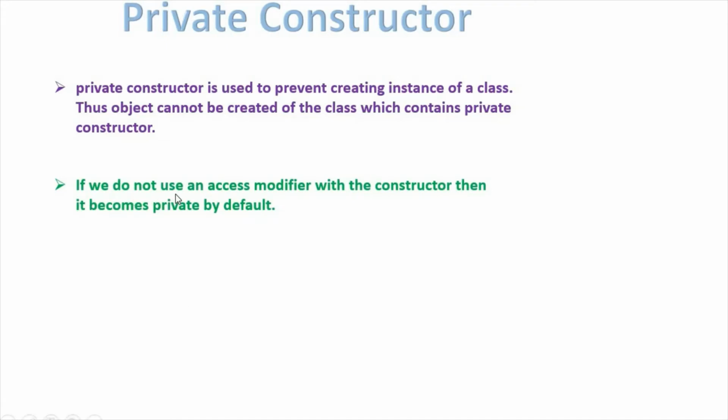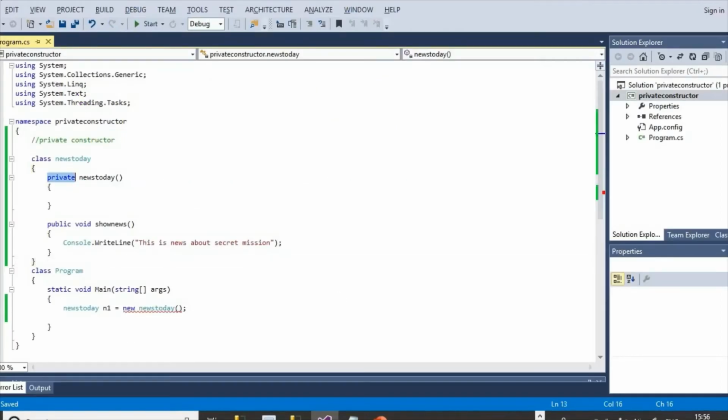If we do not use an access modifier with the constructor, then it becomes private by default. If we remove this private, now we can see there is no access modifier on this constructor.